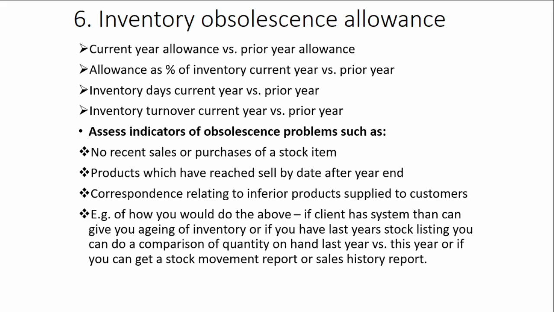Then, because again it's a judgmental figure, we can often do what are called analytical procedures. When we talk about analytical procedures, we are going to analyze and assess what our obsolescence is this year in relation to, for example, what it was last year, what it is at other companies, what it was in relation to the market, what the stock obsolescence was in relation to inventory days, in relation to turnover.